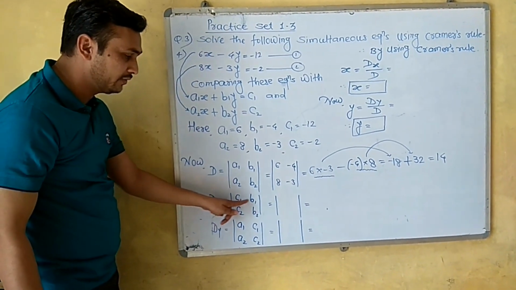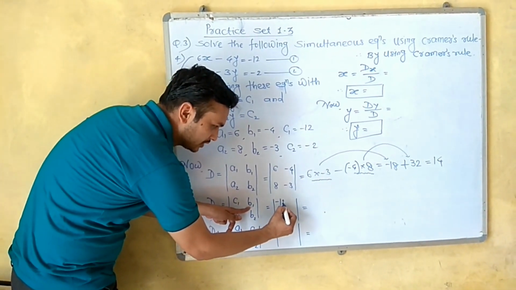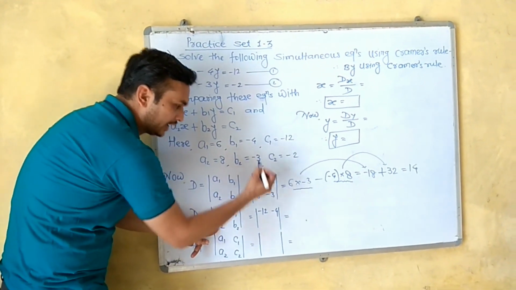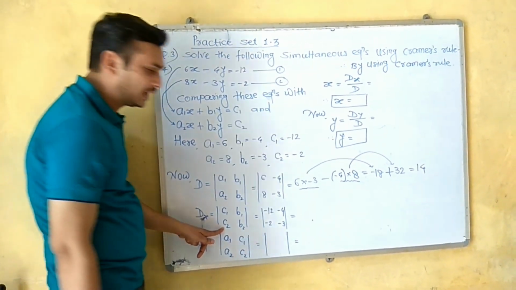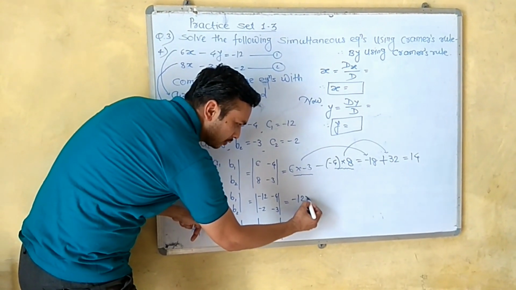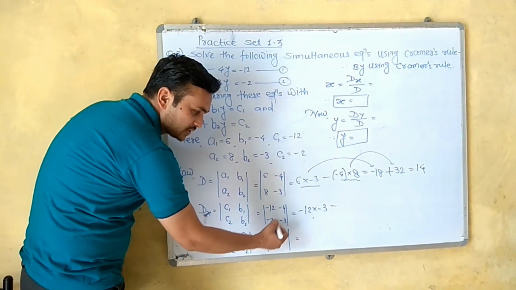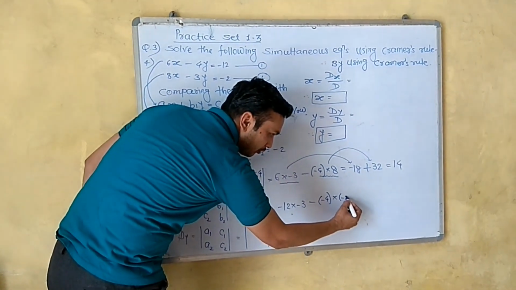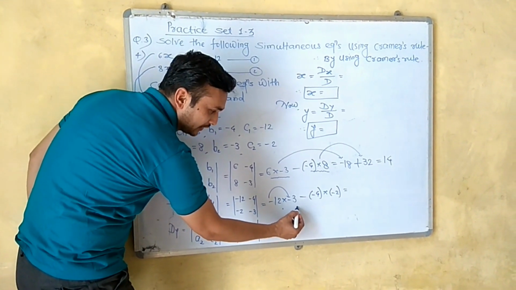Now dx equals to formula determinant of c1 b1 c2 b2. Put the values. c1 b1 minus 12 minus 4, c2 b2 minus 2 minus 3. Again cross multiplication. Minus 12 into minus 3 minus 4 into minus 2, that is equals to minus into minus plus.